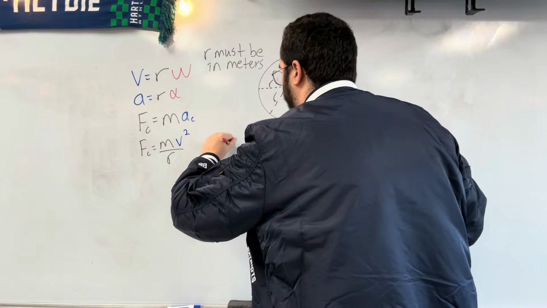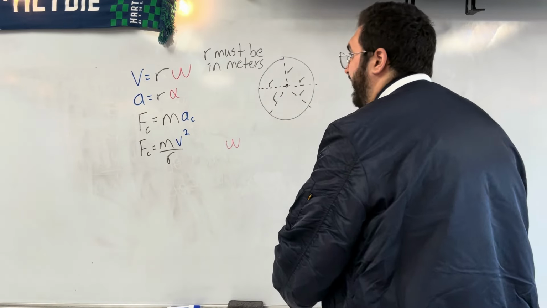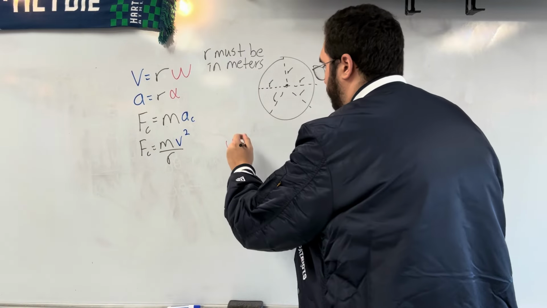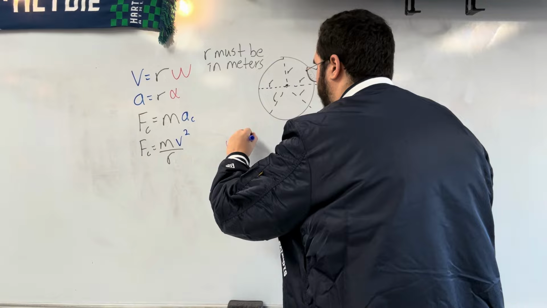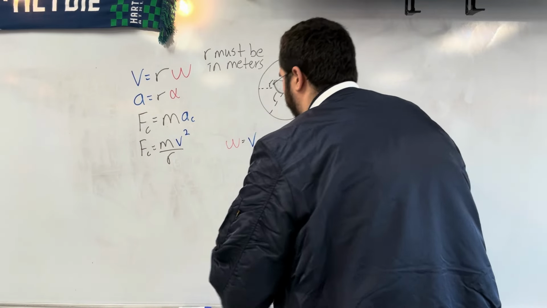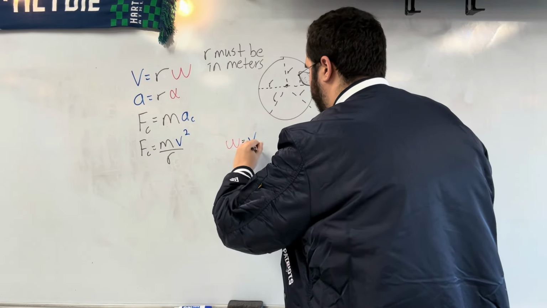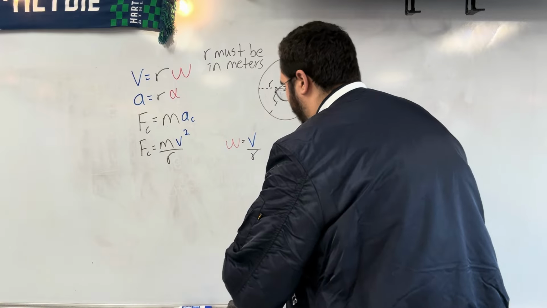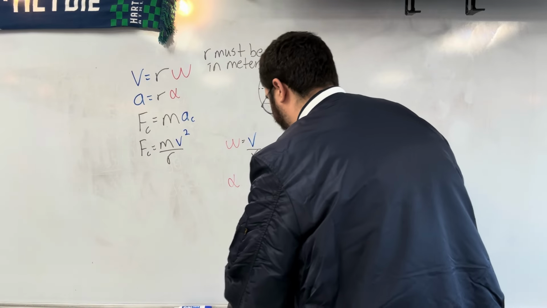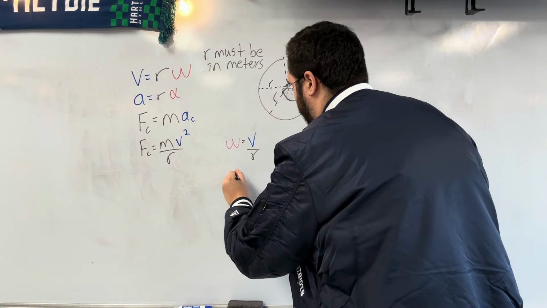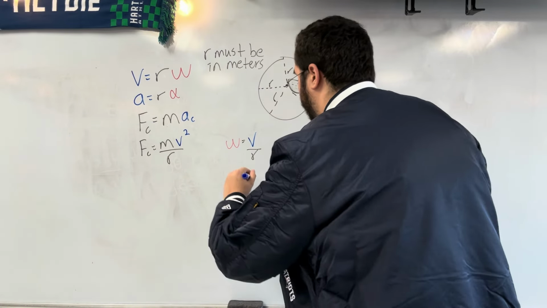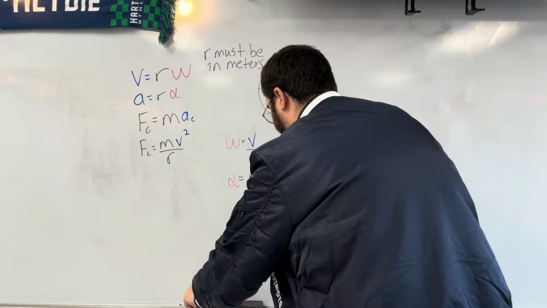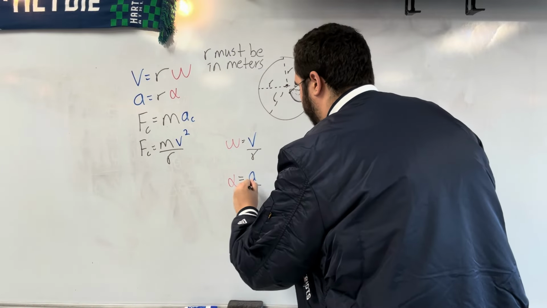So I'm left with angular velocity is equal to tangential velocity divided by r, and angular acceleration is equal to tangential acceleration divided by r.